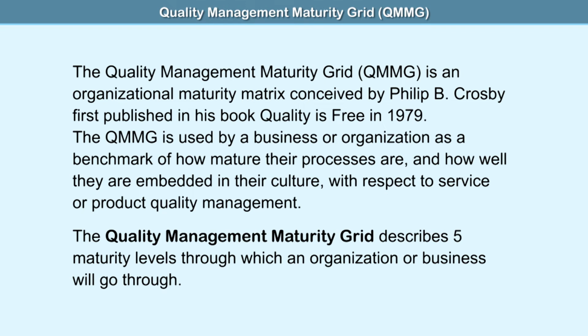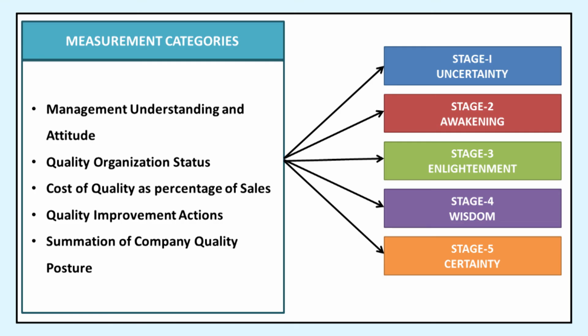The quality management maturity grid describes 5 maturity levels through which an organization or business will go through. Uncertainty, stage 1; awakening, stage 2; enlightenment, stage 3; wisdom, stage 4; certainty, stage 5.